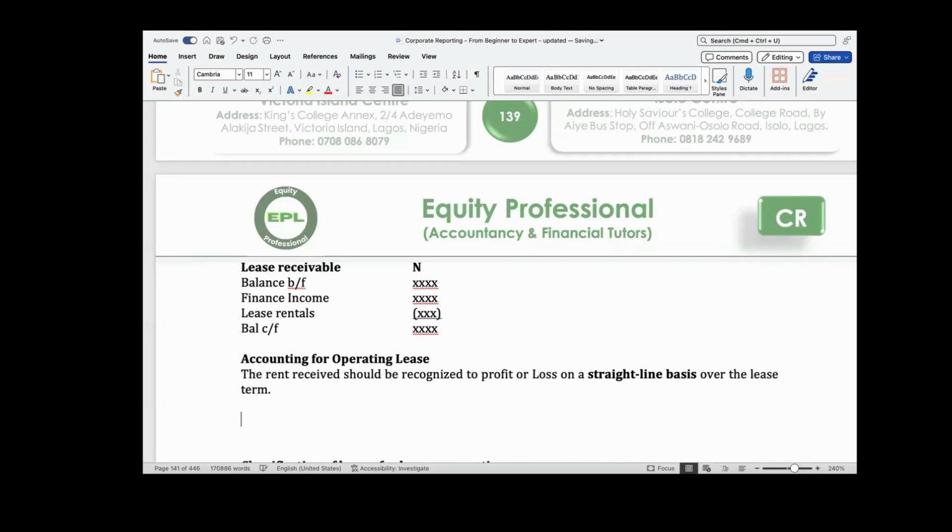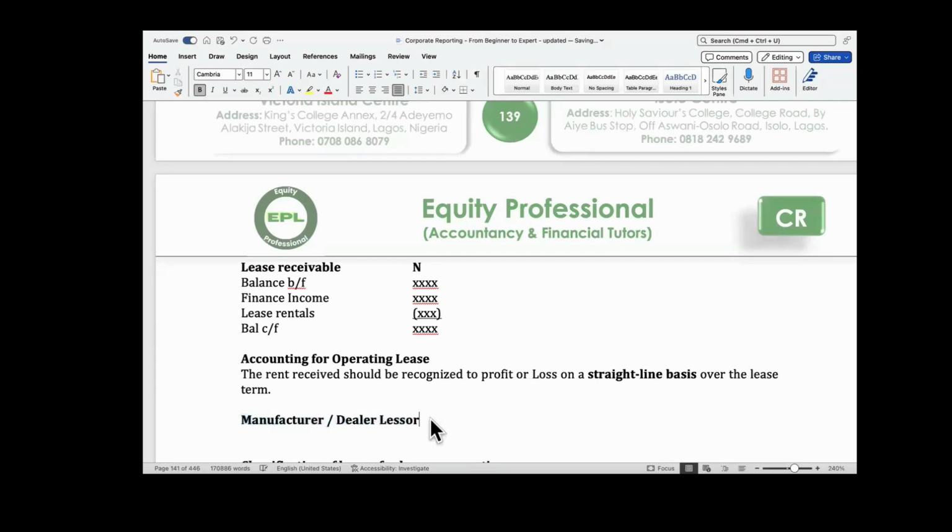But one more thing before I close. There is usually a type of lessor that we call, please pay attention to this so that you will not get confused, a manufacturer or dealer lessor.